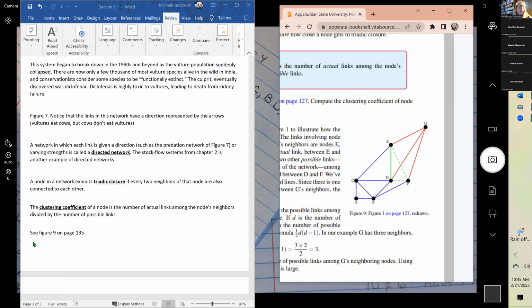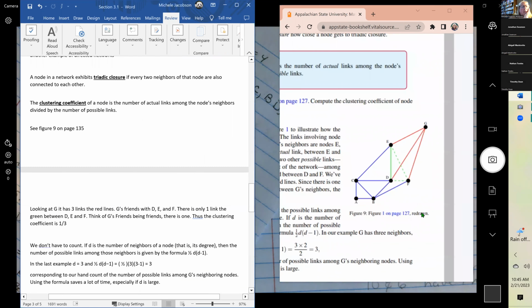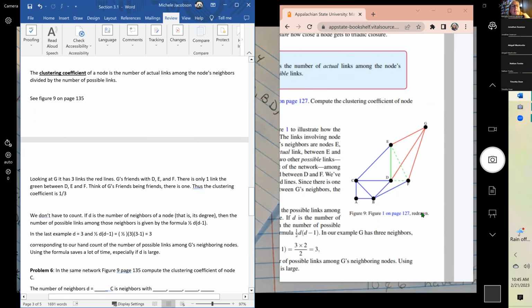If we look at figure 9, looking at G, it has 3 red lines. That means it has 3 neighbors. G is friends with D, E, and F.